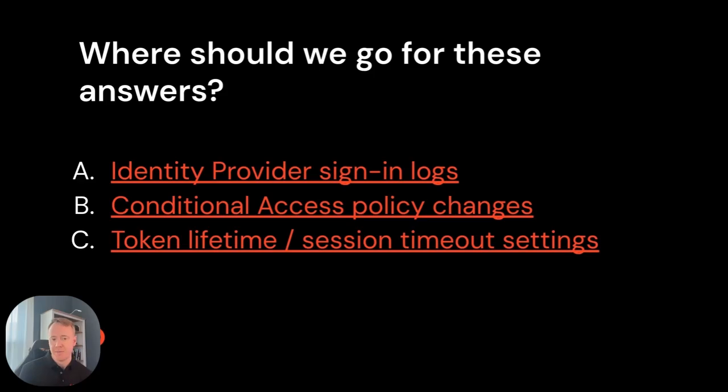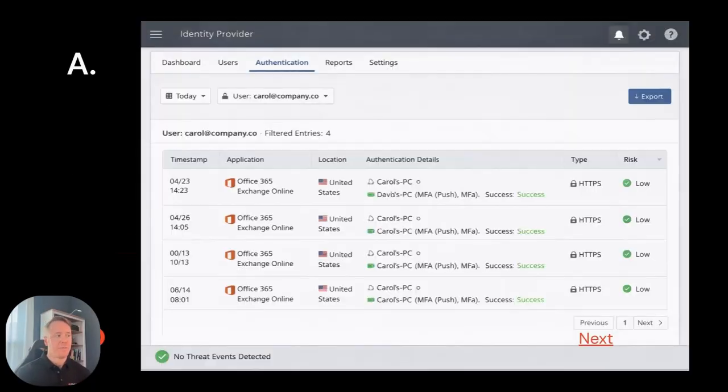We can check the IDP logs. We can look at conditional access policy changes. We can look at token settings for session timeout and things like that. Now, again, this one's a little trickier because all of these might be things that we would check in the course of our troubleshooting. But let's take a look at sign-in logs. We don't see anything unusual here, only successful completed authentications.